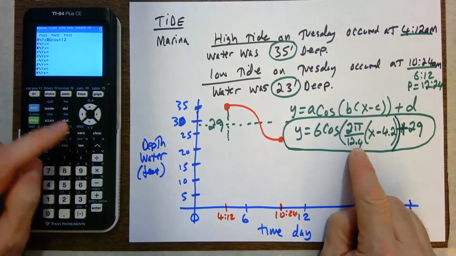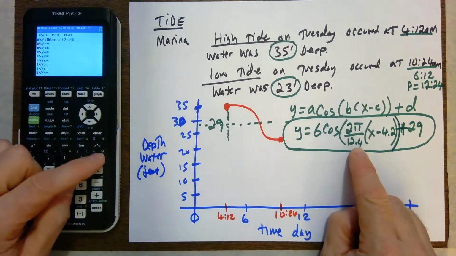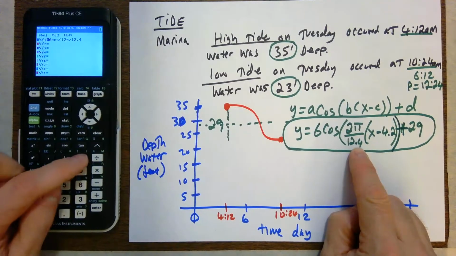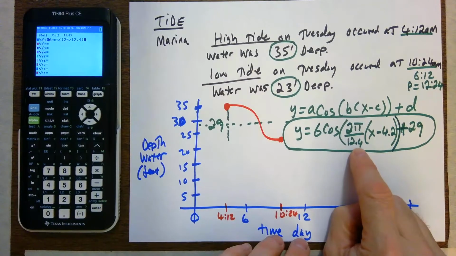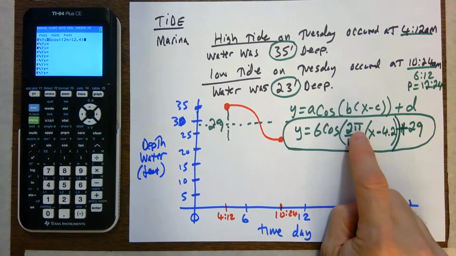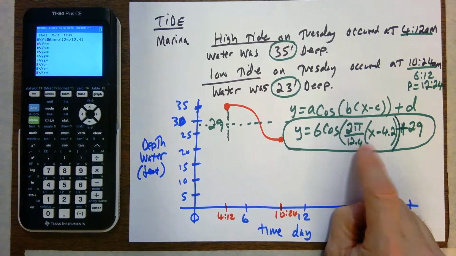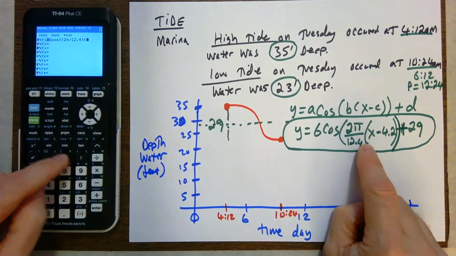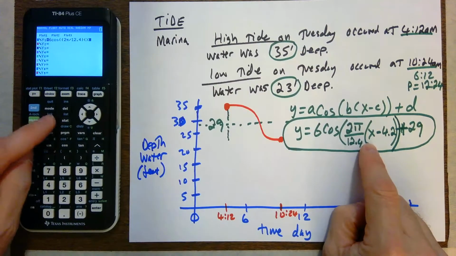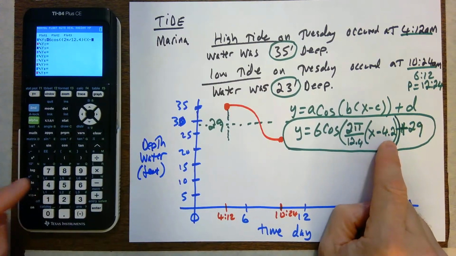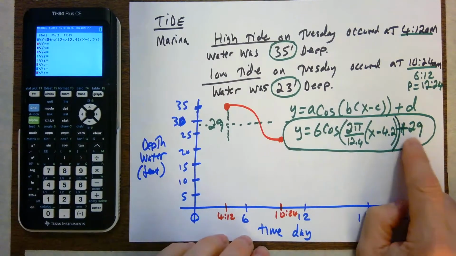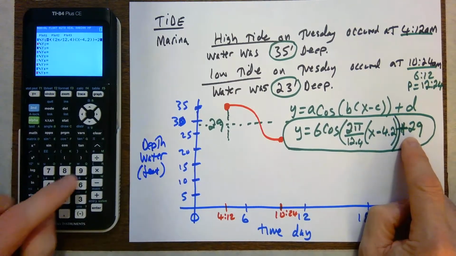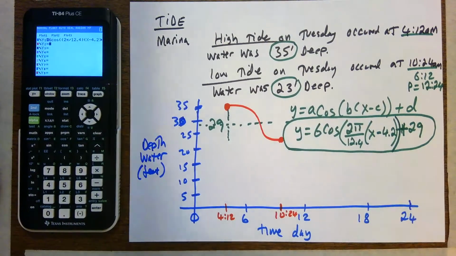Yes, I know I could write that as pi over 6.2, but I want to leave it in your notes as 2 pi over 12.4 so you can see where it comes from later. And then open parentheses times the phase shift of x minus 4.2 hours, close parentheses, plus my center line of 29. There it is.